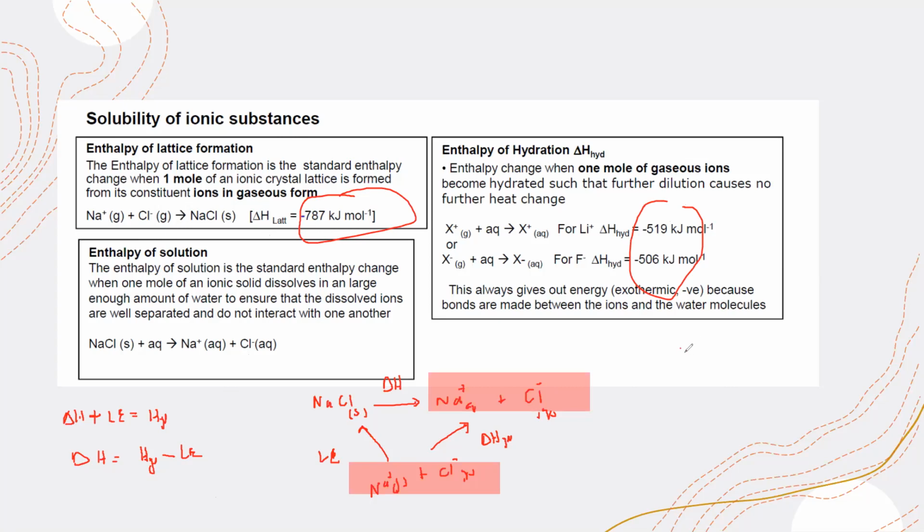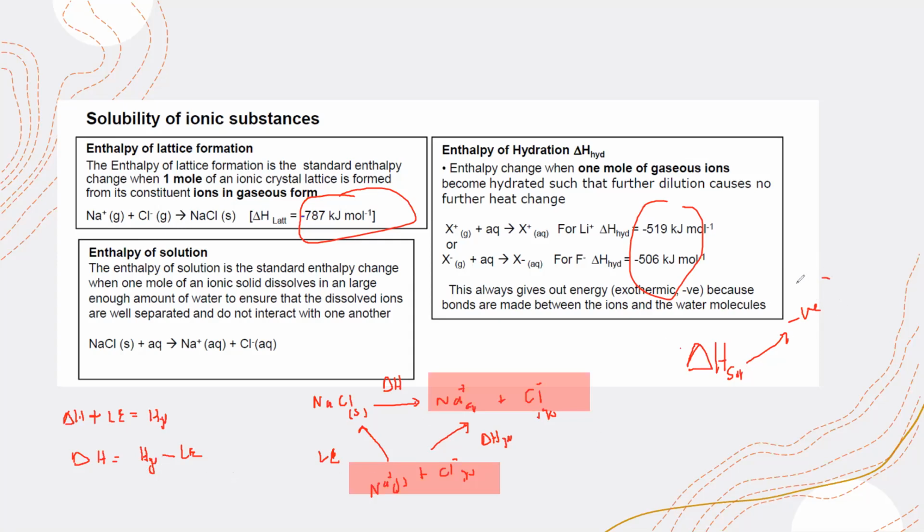We want the enthalpy of solution to be negative, because when the enthalpy of solution is negative, the reaction is exothermic, so that reaction can occur or be spontaneous. But if it's an endothermic reaction, delta H will be positive, so it will not be spontaneous at all conditions. So enthalpy of solution is hydration minus lattice energy.